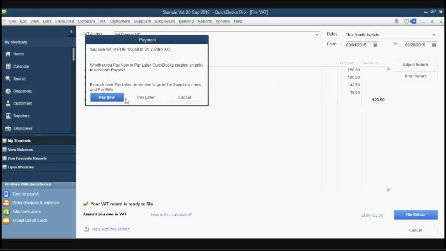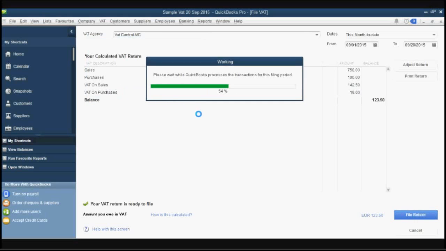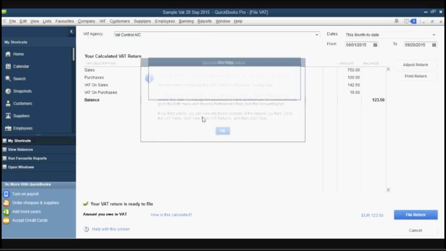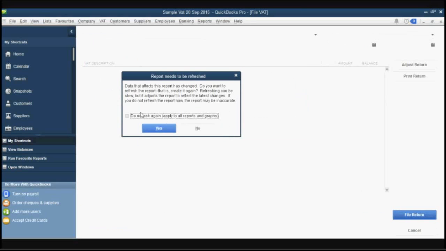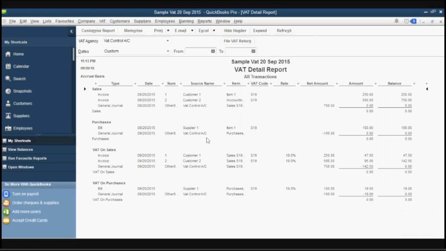We will pay the VAT authorities later. Now it's finished. Let's see journal entry number 4. You see sales and purchases now are nil, and VAT on sales and VAT on purchases are nil.